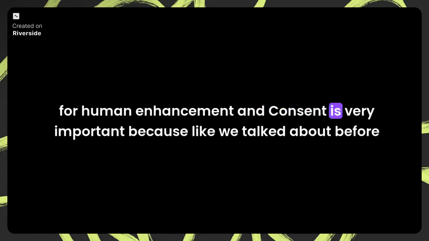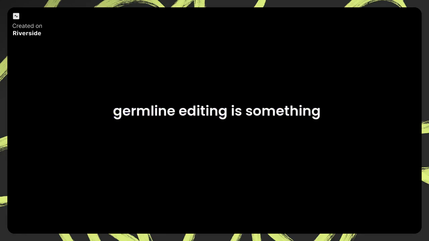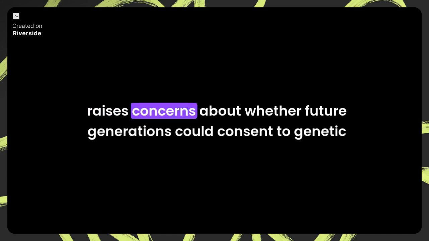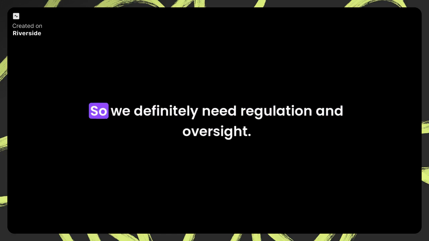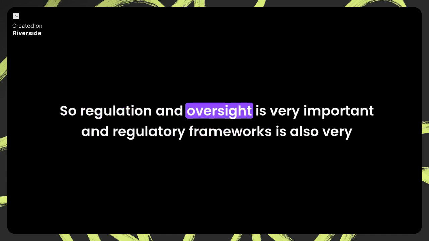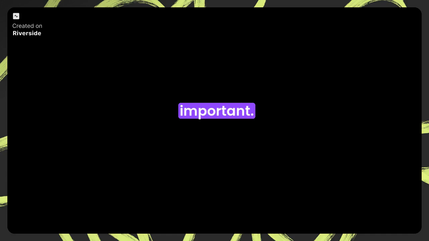And consent is very important because, like we talked about before, germline editing raises concerns about whether future generations could consent to genetic modifications made in their DNA or not. So we definitely need regulation and oversight, and regulatory frameworks are also very important.